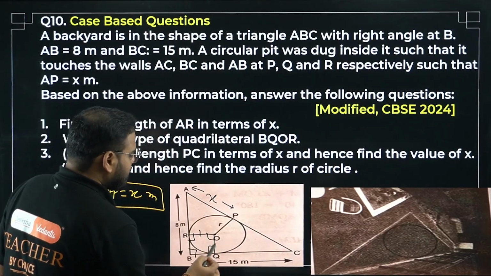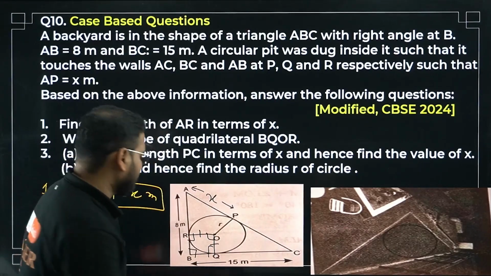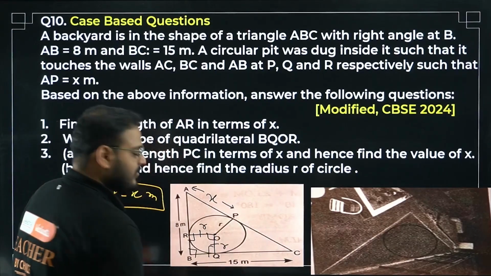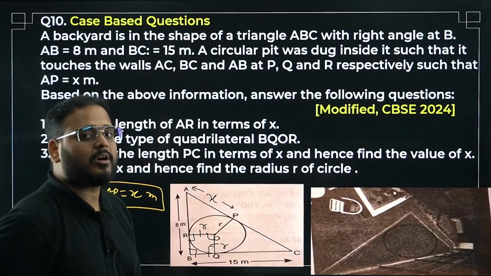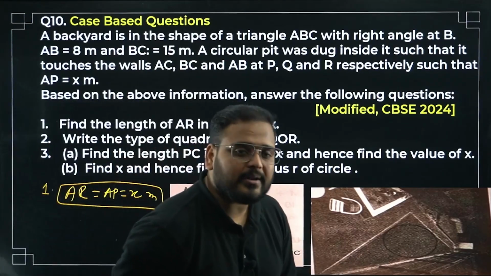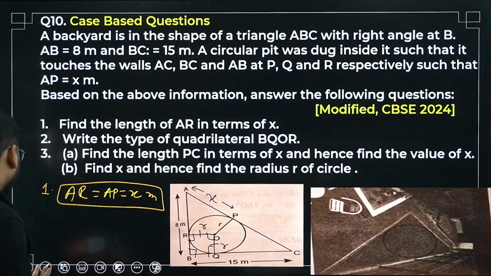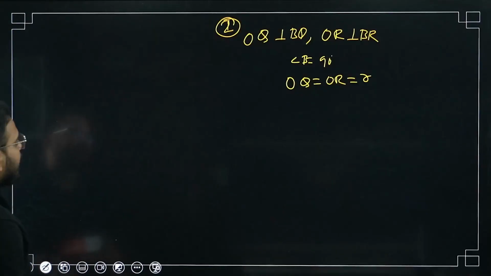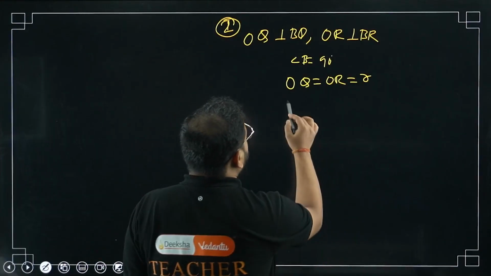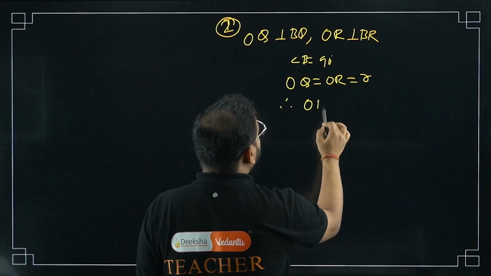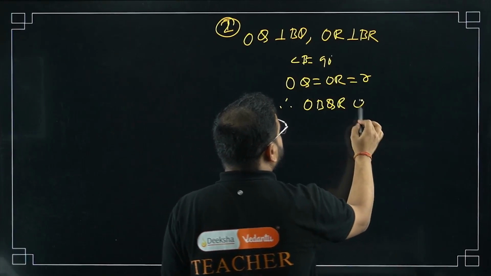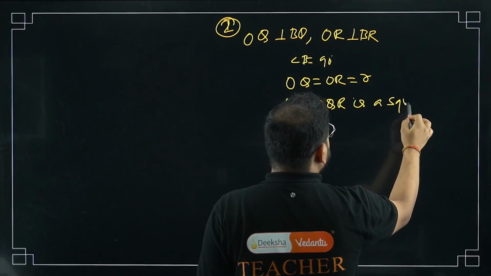Also, this side equals this side, both are radii. It means it will be a square, with all four sides equal and all four angles 90 degrees. So BQOR is a square.